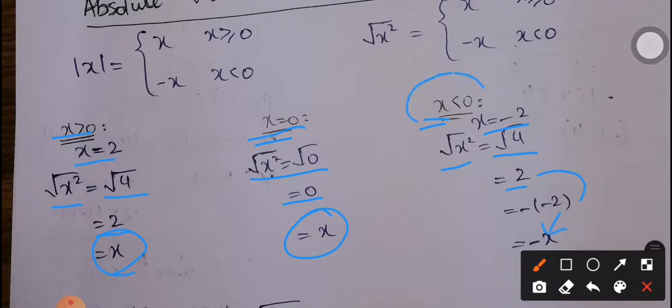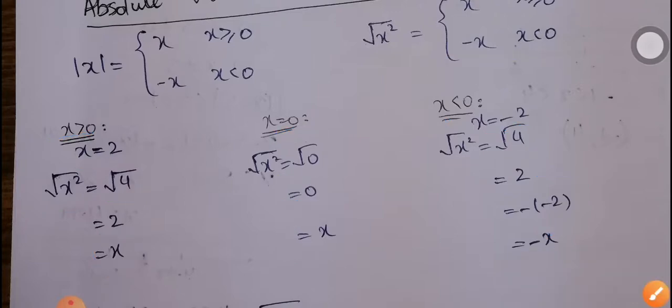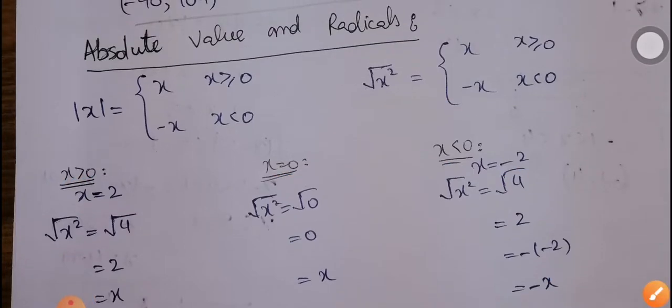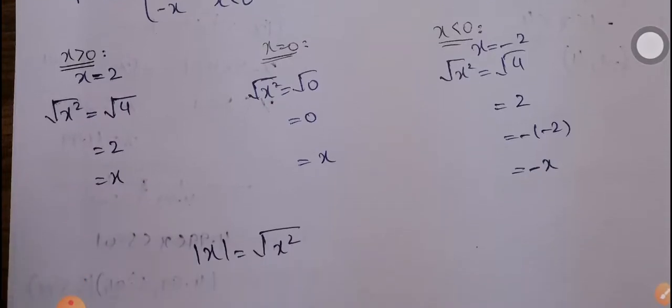So whenever x is negative, it is going to be minus x. You can see it is satisfying the same definition. That's why we can say that the absolute value of x is equal to the square root of x squared. So the two expressions can be replaced easily with each other.